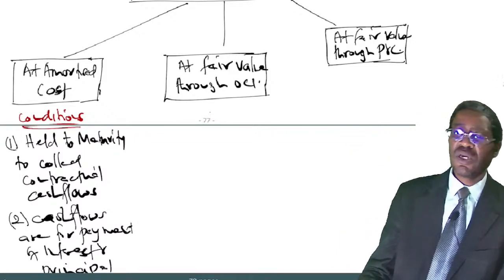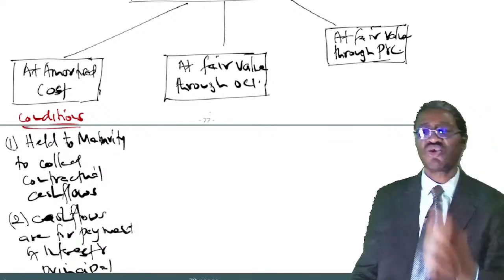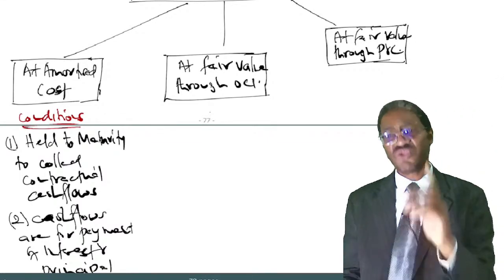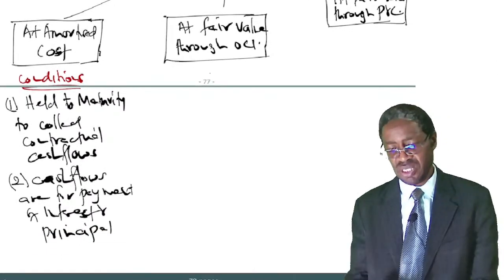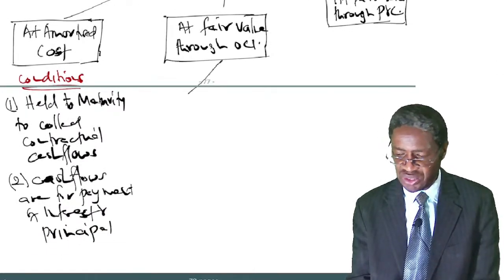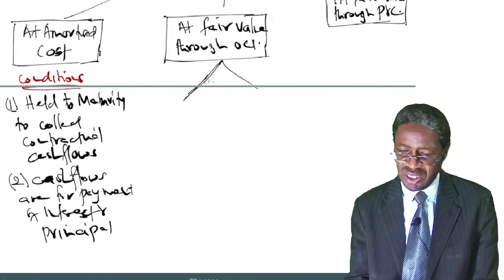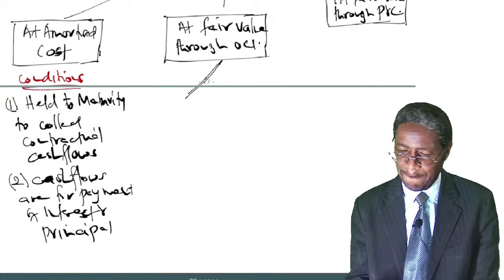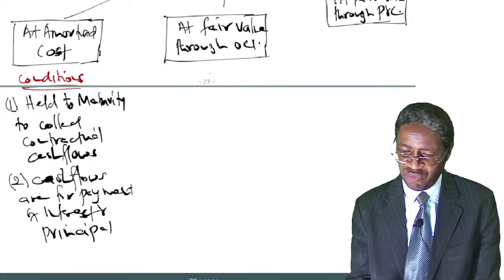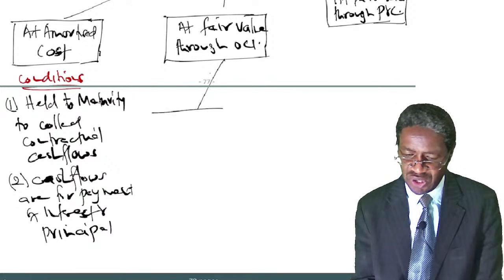Good. What about those which should be remeasured at fair value through OCI? For that category, there are two subcategories.